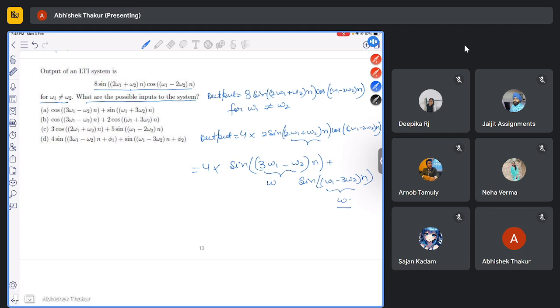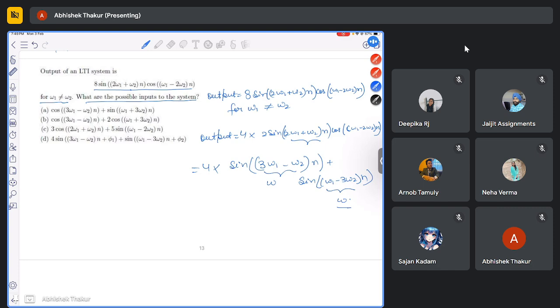Since it is an LTI system, the input would also have been a linear combination of sinusoids with the same angular frequencies. Thus, which options have the same frequencies: 3 omega 1 minus omega 2 and omega 1 minus 3 omega 2.